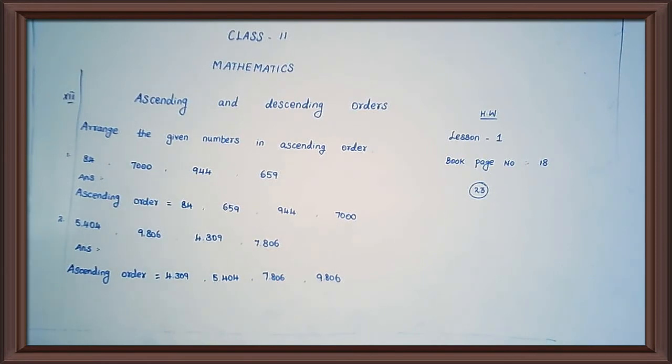Okay. Homework: lesson 1, book page number 18, question 23 is today's homework. All of you do it yourself. We will see the next one in the next class. Take care. Bye.